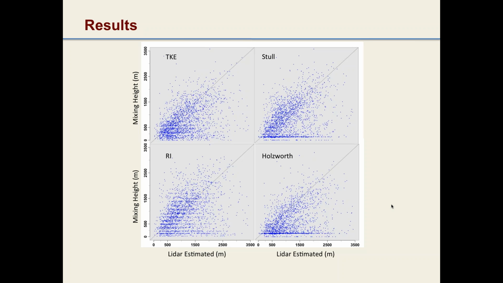And I think that just has to do with the method being so sensitive to the surface parcel. And if there's any kind of a slight inversion, that may classify a real low mixing height from that particular method, whereas the TKE and the Richardson number are not going to be so held against that inversion.